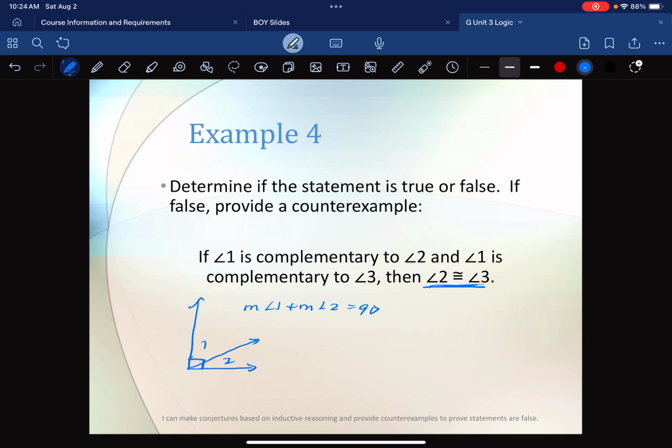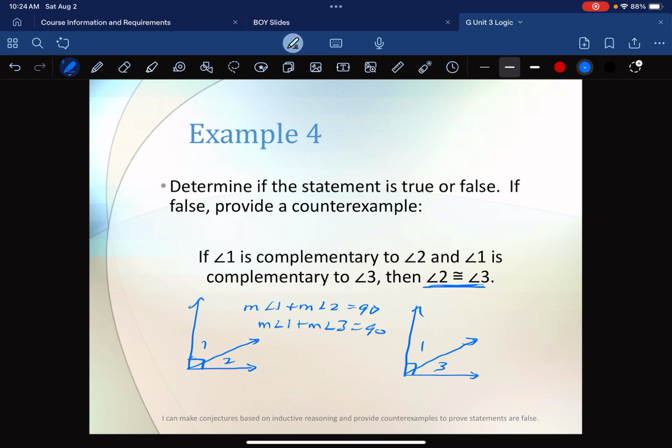Now let's draw angle 1 complementary to angle 3. So if I do that, I'm going to get this. So here's angle 1 and angle 3. And what I know is that the measure of angle 1 plus the measure of angle 3 also equals 90.